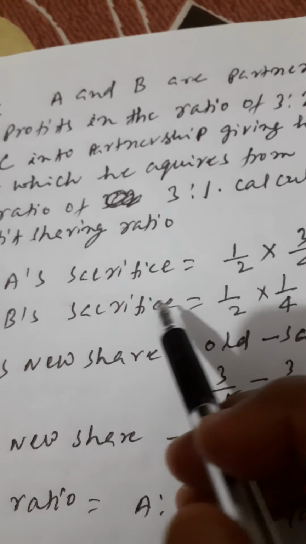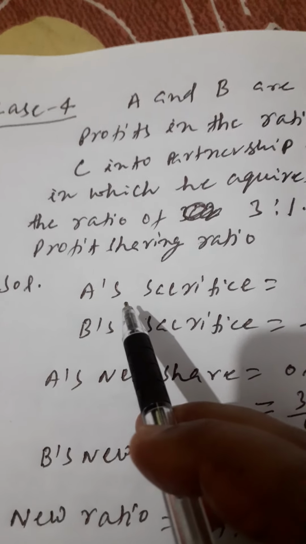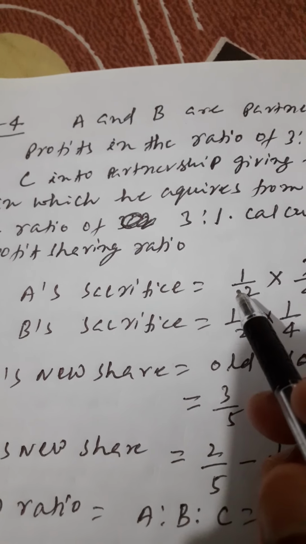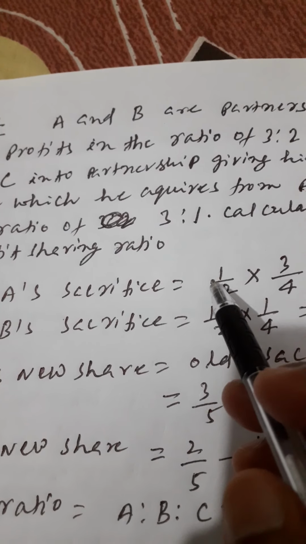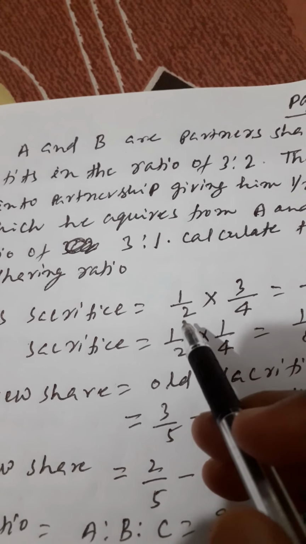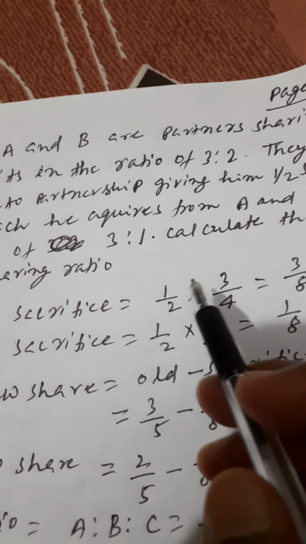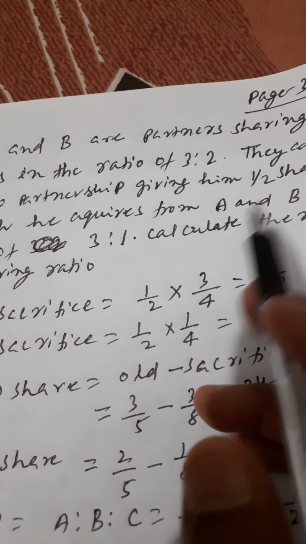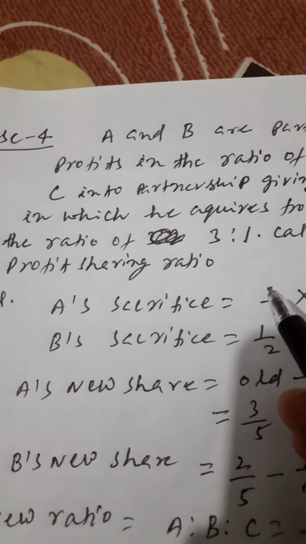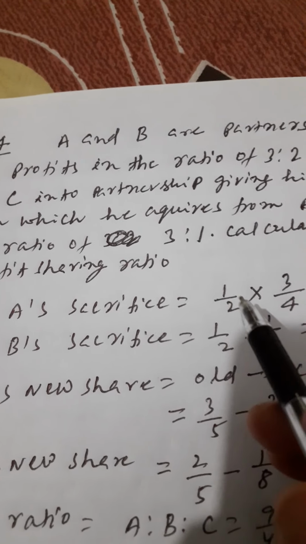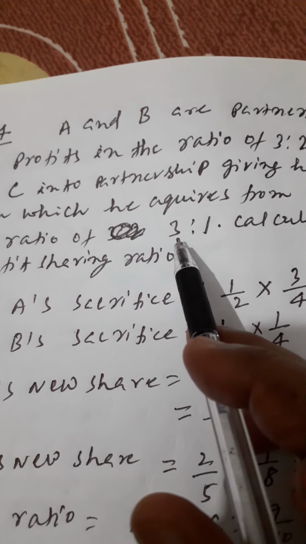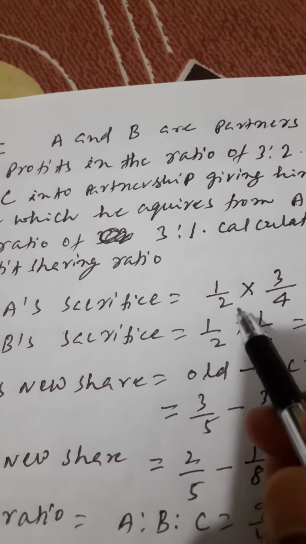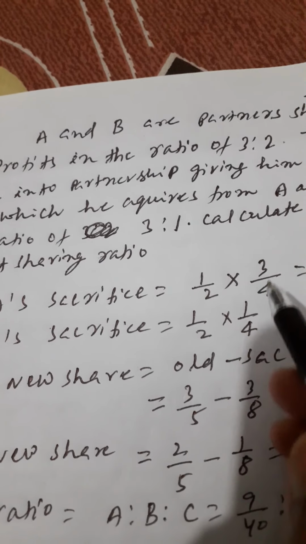In this problem, you have to find out A's sacrifice. Here C's share is 1/2, where A and B are sacrificing in the ratio of 3:1. So A's sacrifice will be 1/2 into 3/4.